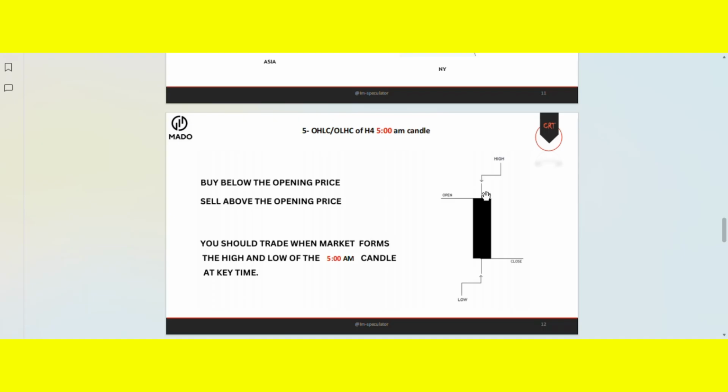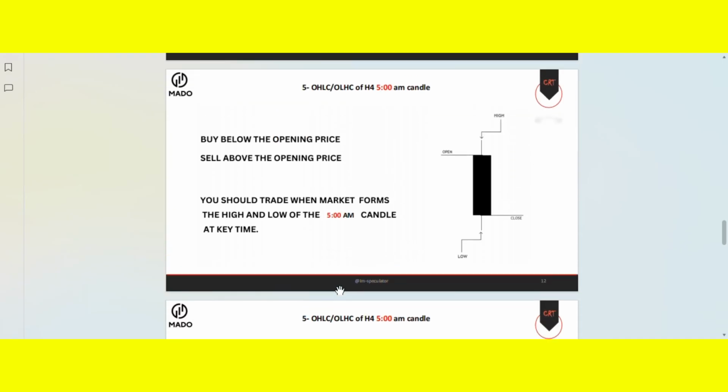But when you're selling, you sell above the opening price. So for this one, we sell above the opening price. But when buying, we buy below the opening price. NB, you should trade when the market forms the high and the low of the 5am candle at the key time.